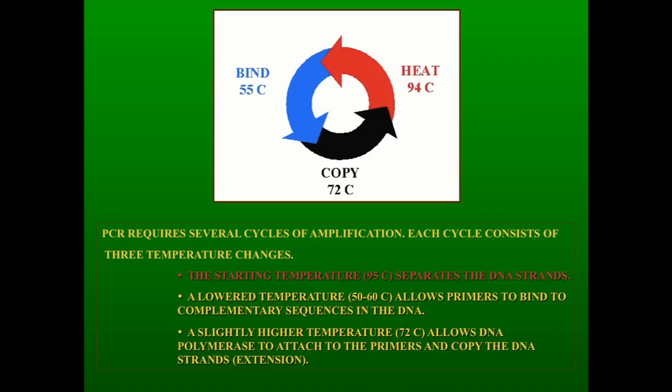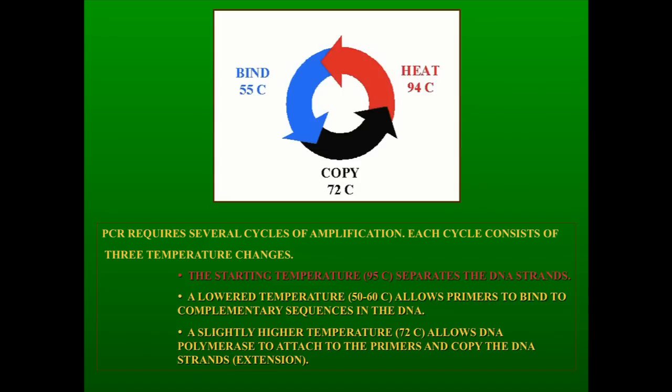PCR requires several cycles of amplification, where each cycle consists of 3 temperature changes. First, starting the cycle depends on a starting temperature, which would be about 94, 95 degrees C, which separates DNA into single-strandedness.